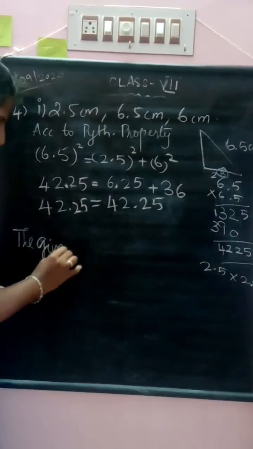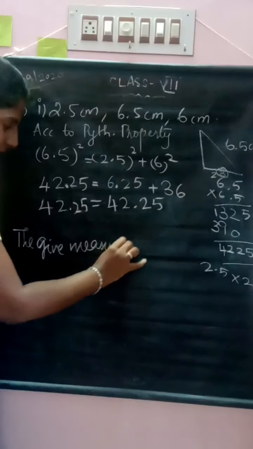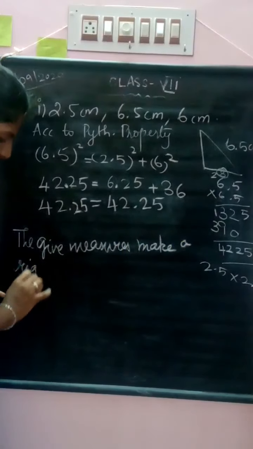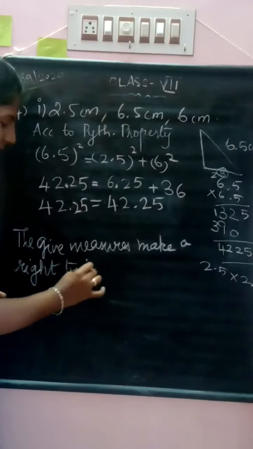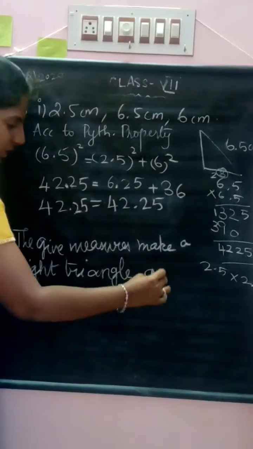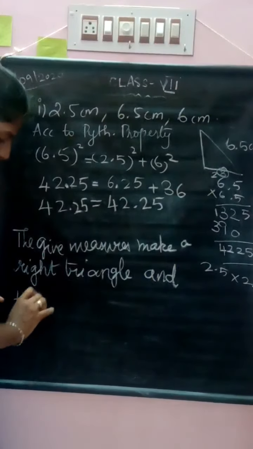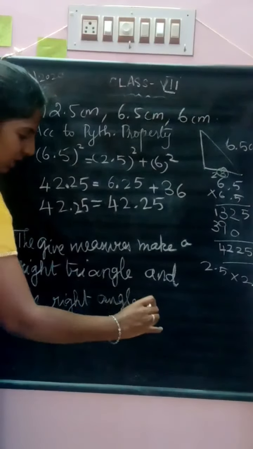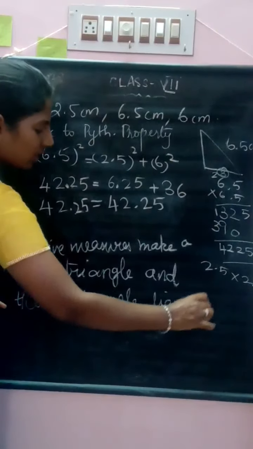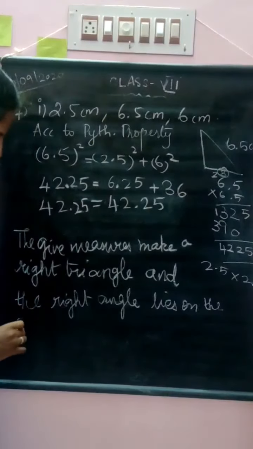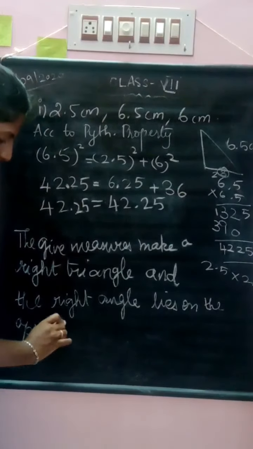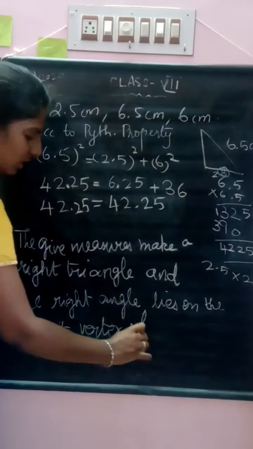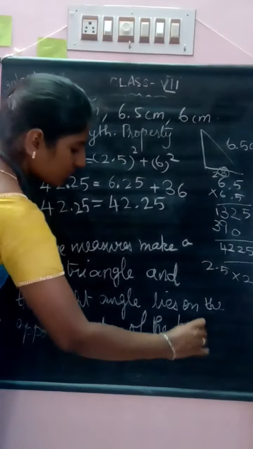and the given measures make a right triangle, and the right angle lies on the vertex opposite to the hypotenuse.